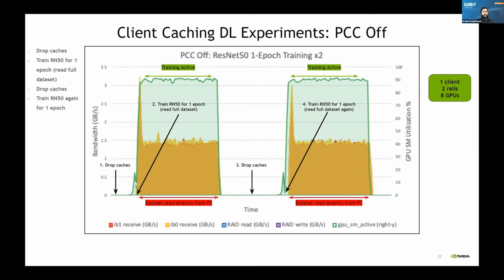Step 2, we start to train. You see the GPU utilization spike. And at the same time, you see InfiniBand traffic from the red and the orange lines. And this goes throughout the first epoch as we read the data set from the file system. We drop the caches again, and then we repeat. And because we've dropped the caches and there's no PCC involved, we find that we are rereading the data set from the file system. So this is our baseline, kind of the current state, if you will.